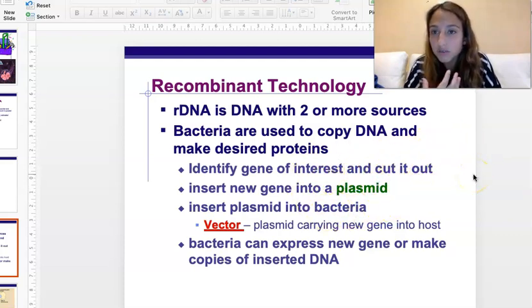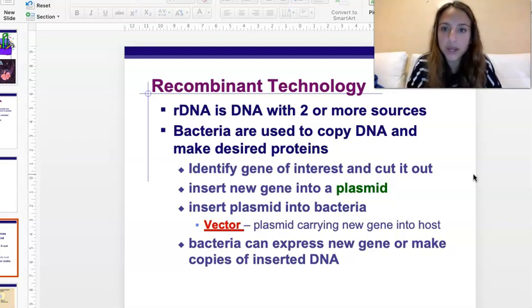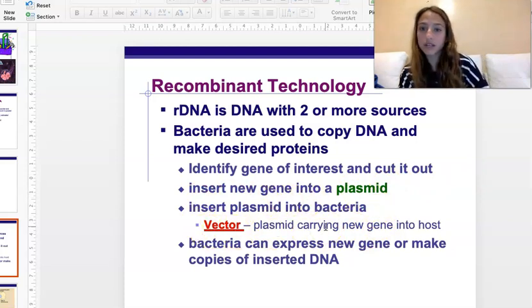And we can use this information so that we can insert plasmids in bacteria, or insert genes that are of interest in bacteria. When you insert a plasmid into bacteria, you need something called a vector, which is a plasmid carrying a new gene into a host.